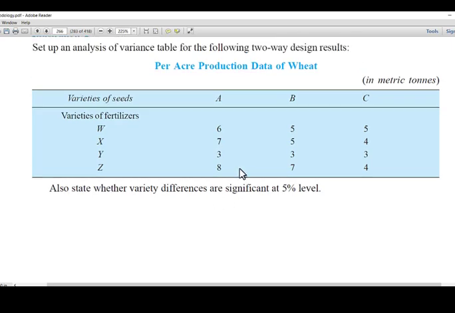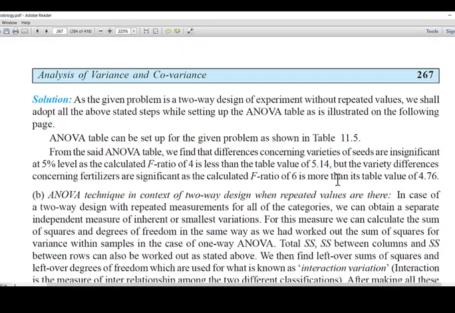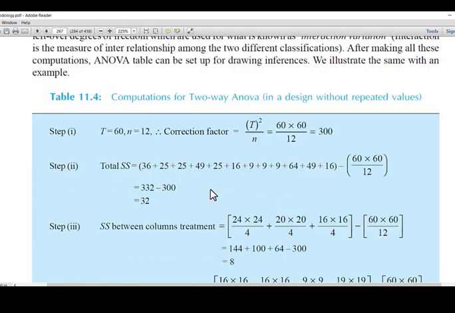All these are squared and summed up: 6 square plus 5 square plus 5 square plus 7 square plus 5 square plus 4 square plus 3 square plus 3 square plus 3 square plus 8 square plus 7 square plus 4 square. All this minus our correction factor, so that is equal to 32. Then this is about total SS.